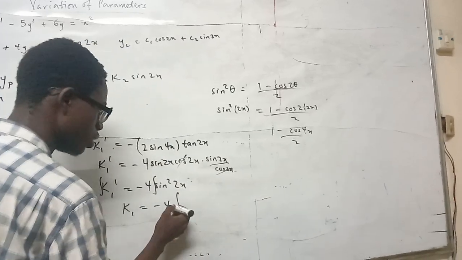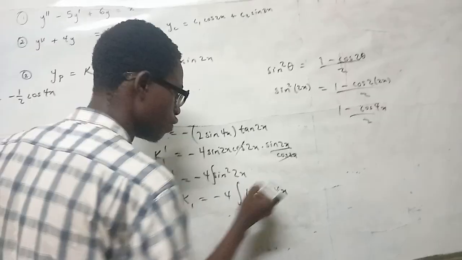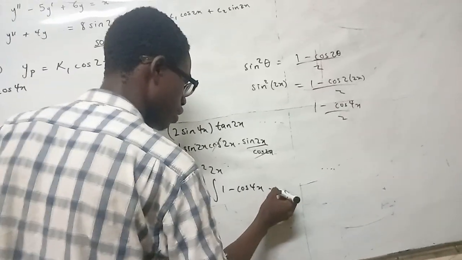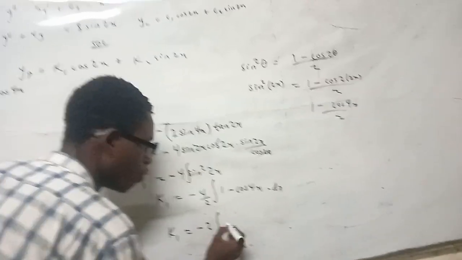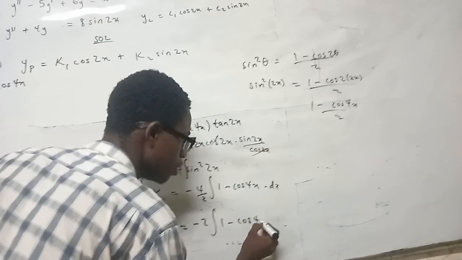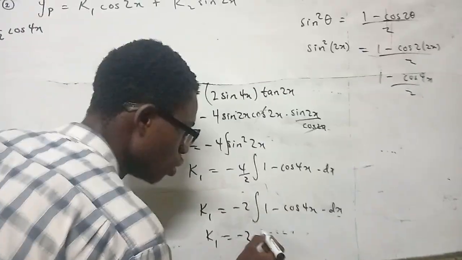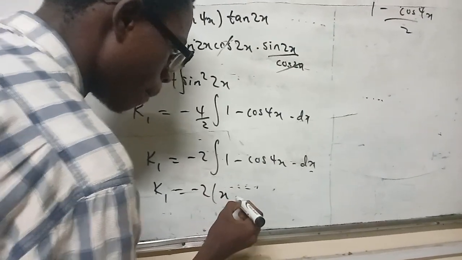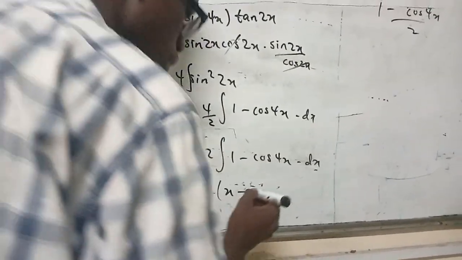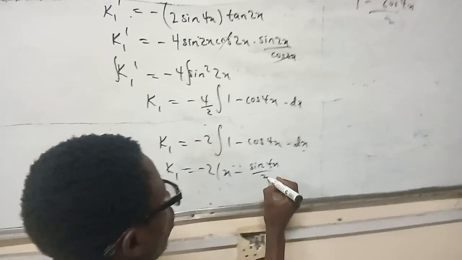Instead of writing over 2, I can bring the over 2 outside the integral and say k1 equals minus 2 integral of 1 minus cos 4x dx. So k1 equals minus 2. Integral of 1 is x, minus, if I integrate this, I'm going to get sine 4x over 2.